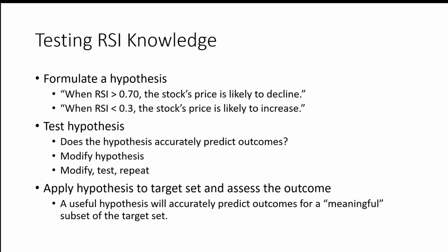The first time you come up with a hypothesis and test it, you're going to find it doesn't do what you expected intuitively. So what you have to do then is modify, and repeat till you find something that actually does. Now we have an automated learning process that will do this for you, but for now we're going to do all the steps manually, just so you have a sense of how this actually works.